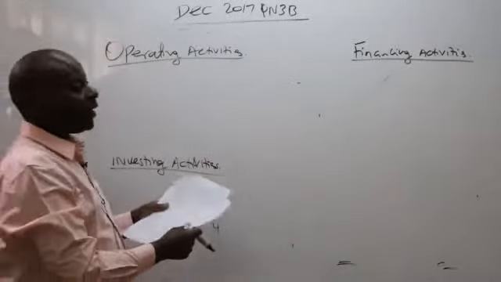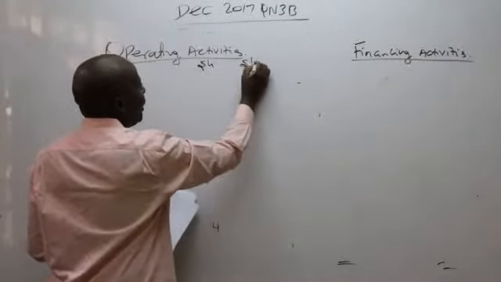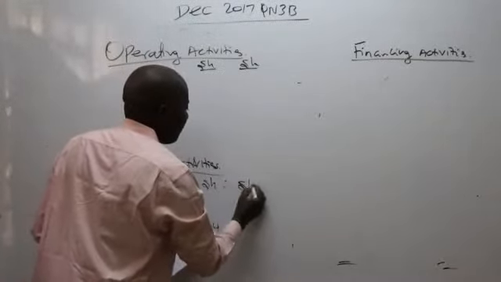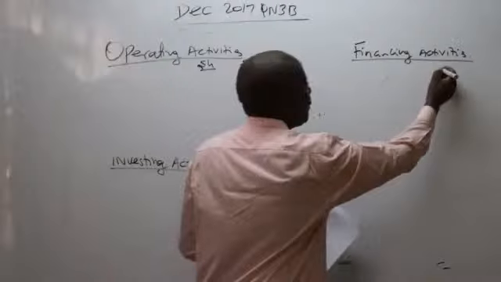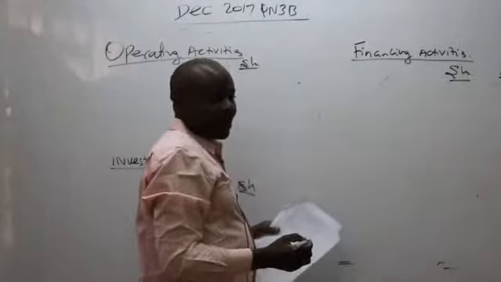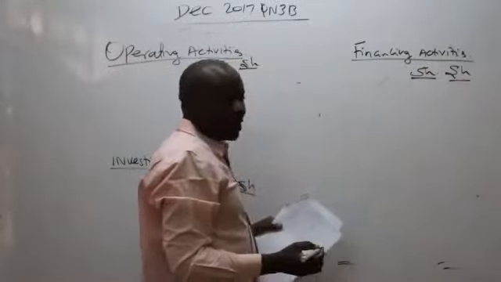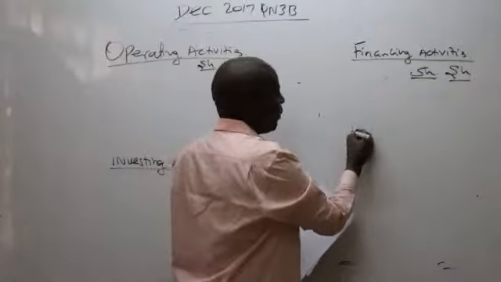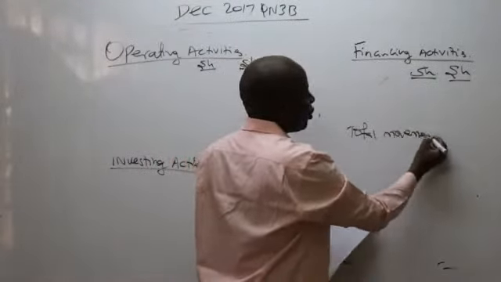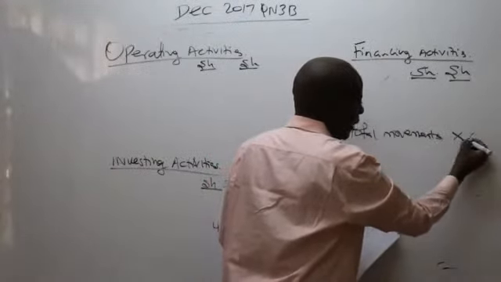Ladies and gentlemen, after financing activities, I know that here I have shillings. I'll have to capture my currencies like that. At the end of the day, I'll capture something we call total movement in terms of my activities, and I'll get a figure there.